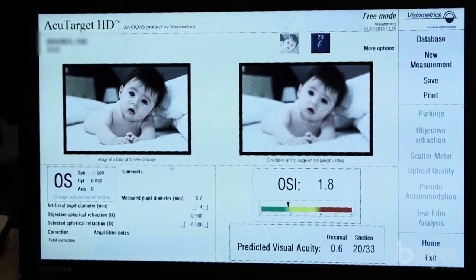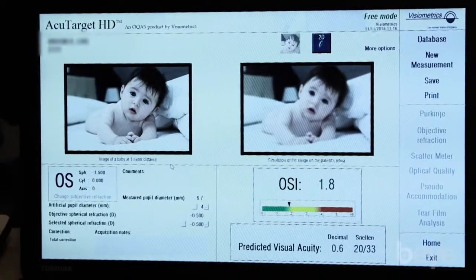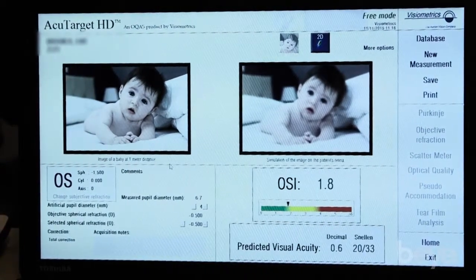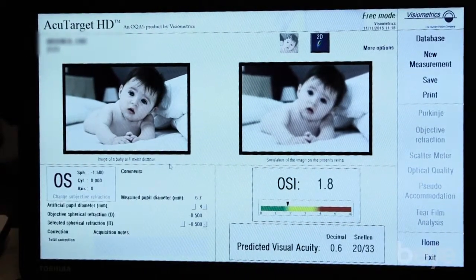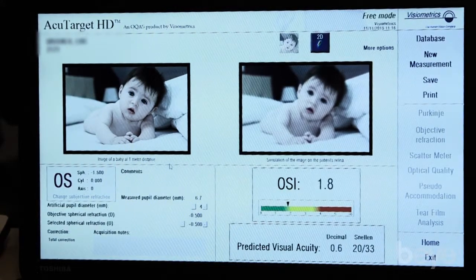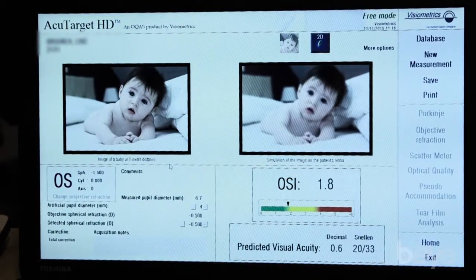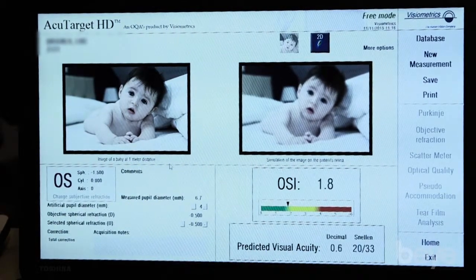And then you can use that to help narrow down your differential diagnoses to figure out if it's a retinal problem, a neurological problem, or if it is in fact something to do with the cornea or the lens that's causing a decrease in the patient's vision.